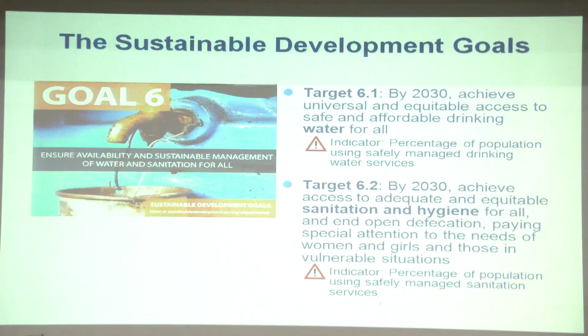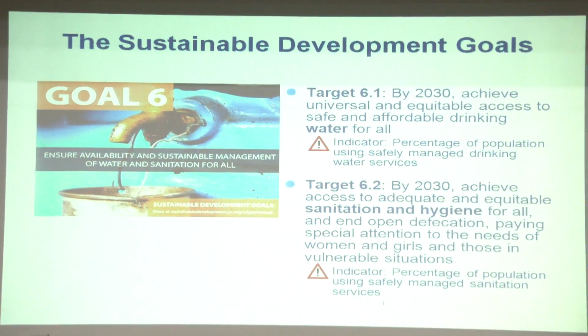Of course, the other major goal that is related to the NTDs, and I'm happy that there will be a presentation later on water and sanitation, we're also excited to see the targets related to Goal 6, about achieving universal and equitable access to safe and affordable drinking water, and sanitation and hygiene.